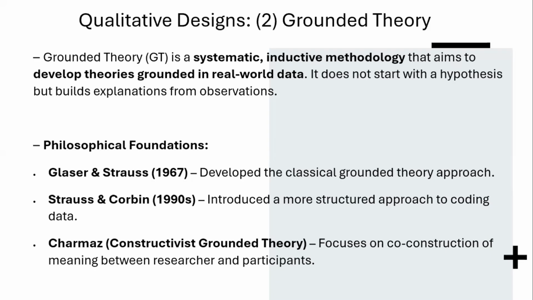There are different variants of grounded theory. And if you're going to do grounded theory, you need to tell us which variant you are doing. So we have Glaser and Strauss, which is the earliest form of grounded theory. That is classical grounded theory. This is almost like a free range.